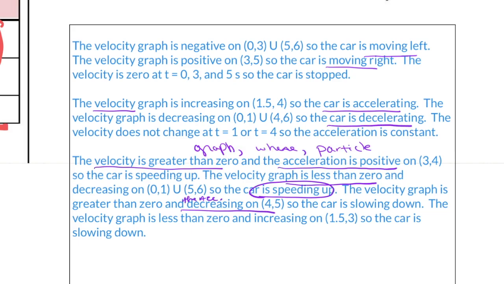The third component of a particle problem is a discussion about whether the particle or car is speeding up or slowing down. So you want to make a statement about where your graph's velocity and acceleration have the same sign, whether they're both positive or both negative, make a statement about the interval for which this occurs, and then say the car is speeding up. You also want to make a statement about where your velocity and acceleration have opposite signs, the interval for which this occurs, and then a statement that your car is slowing down.